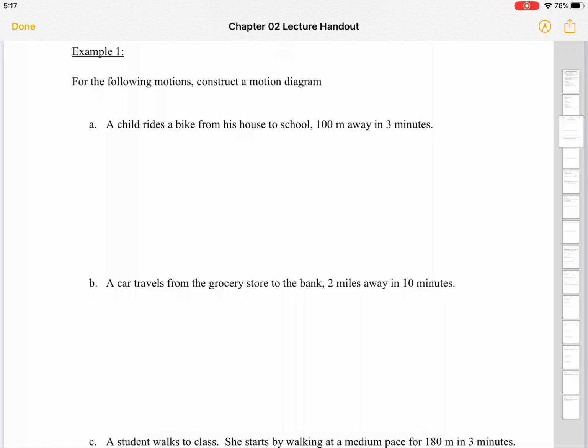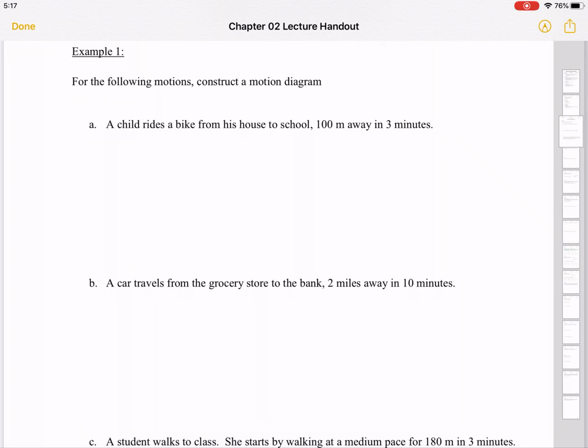What's a motion diagram? One textbook that I used called them strobe diagrams. Imagine a strobe light. When you watch something with only a strobe light illuminating the situation, what you get are flashes. You don't get every point in between. You just get images spaced out in time evenly. And that's exactly what we want to do here.